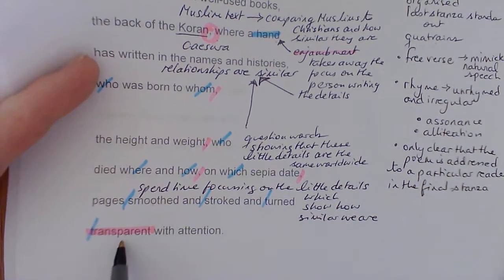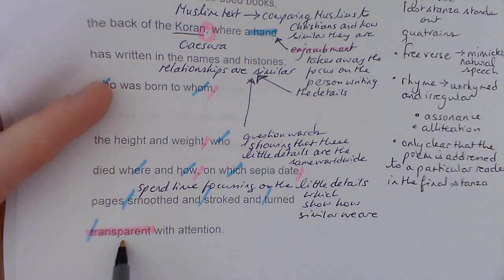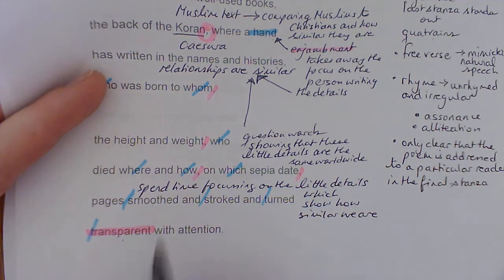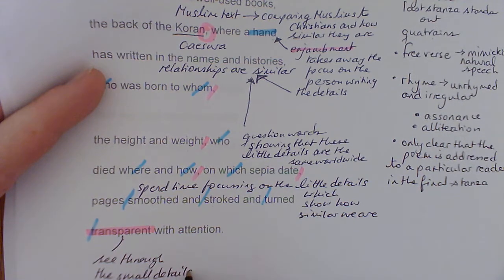Okay? And when we use the word transparent, we're saying it is see-through, aren't we? So see-through can mean two things. So therefore transparent can mean two things. Actually, we see through the small details to the equality beneath.